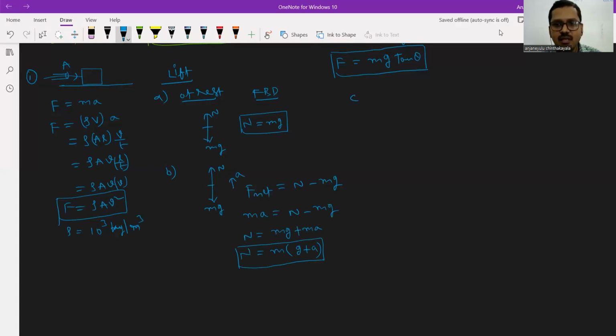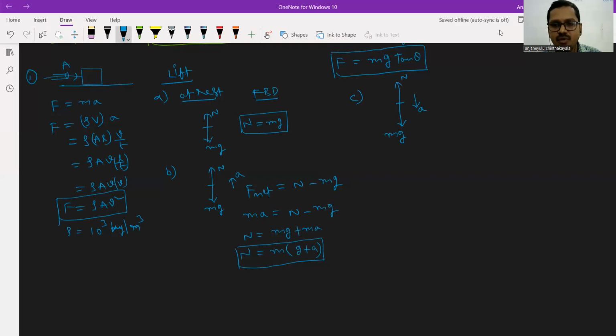Next, one more case. Now this elevator is in the downward direction with an acceleration a. From the free body diagram, weight mg in the downward direction, normal force N. It is moving downward with an acceleration a.